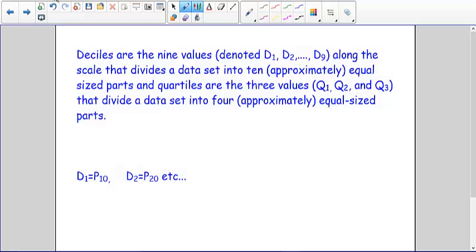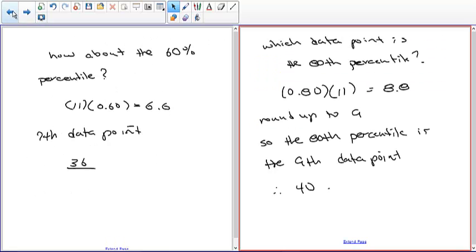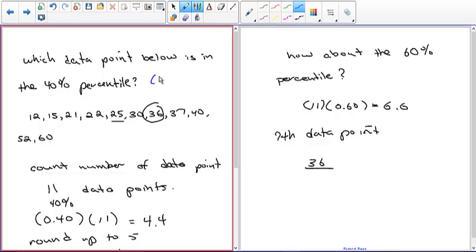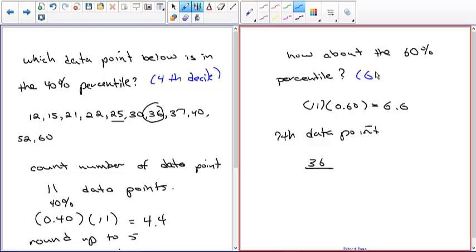Let's go back to our previous three examples. This would be the fourth decile because it's the 40th percentile. This would be the sixth decile.